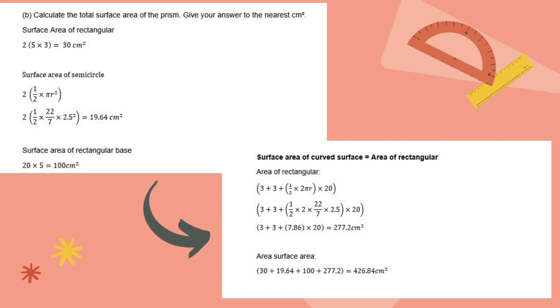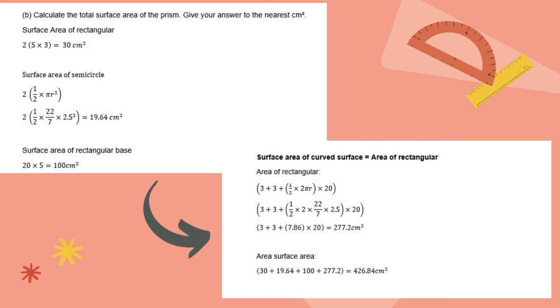After that, the surface area of the curved surface is equal to the area of a rectangle. So it means that we should find the area of the rectangle to find the surface area of the curved surface, which is on the top one.